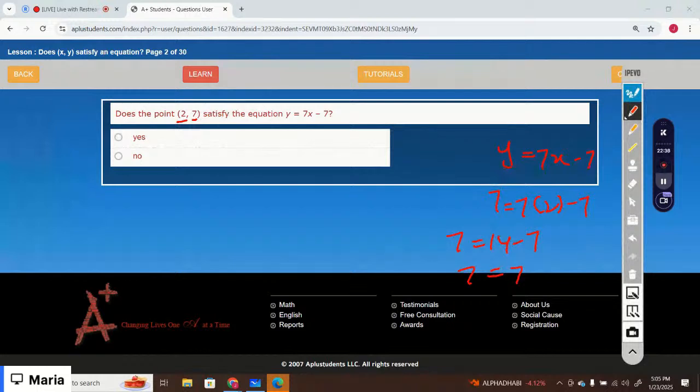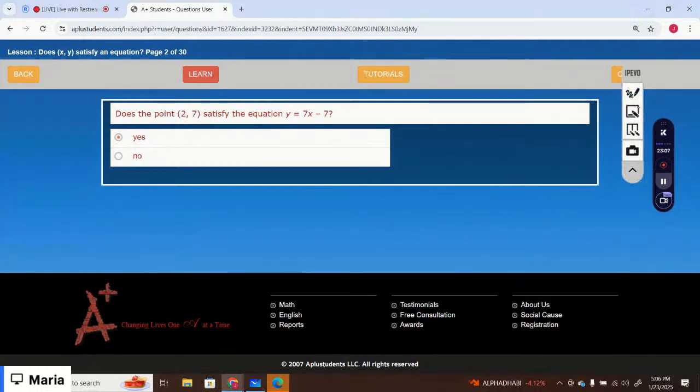The correct option is yes. So the correct option is yes, (2, 7) satisfies the equation.